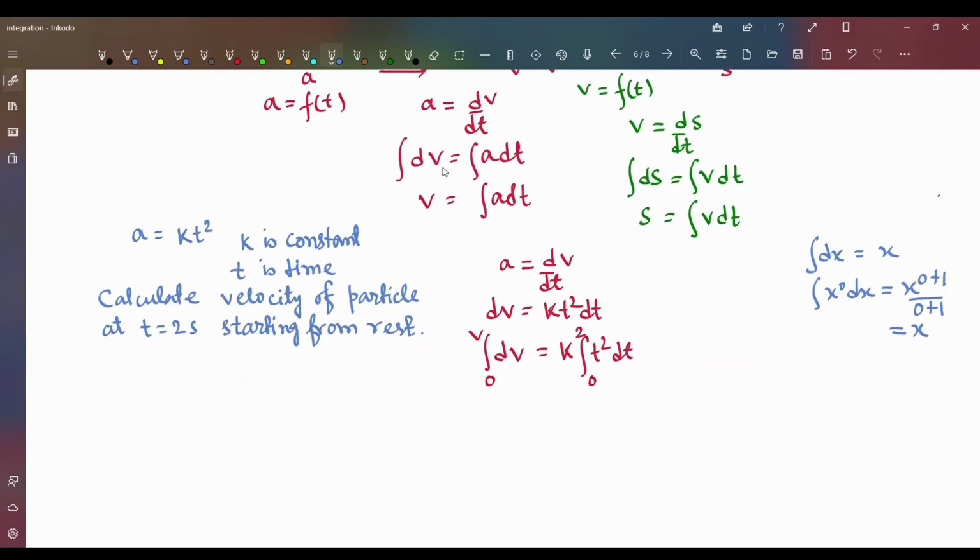Similarly, integration dv is v, with limit 0 to v, and here k integration t square is k t to the power 3 by 3, with limit 0 to 2. Therefore v is k by 3 times (2 to the power 3 minus 0), that is 8k by 3 unit.